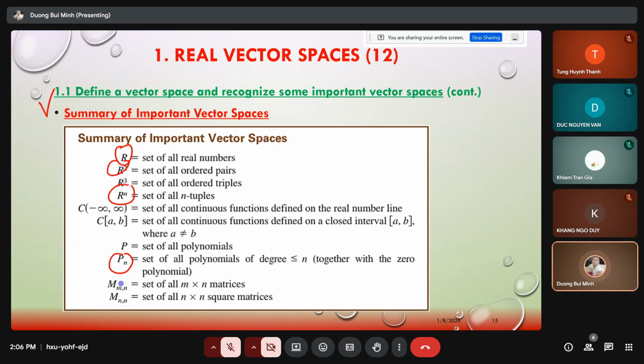So we have M by N matrices, this is a vector space. And n by n square matrices is also a vector space.